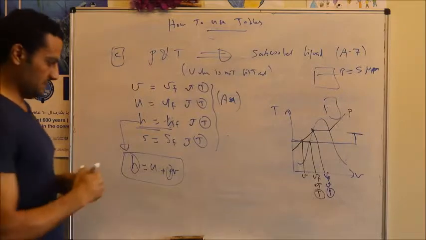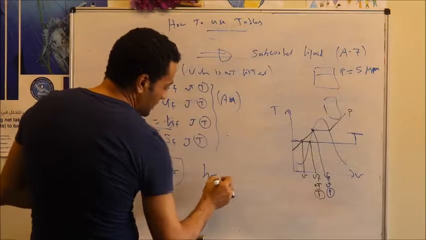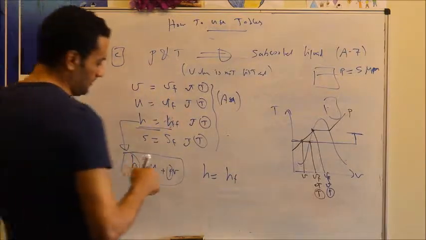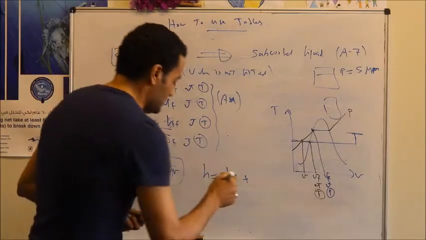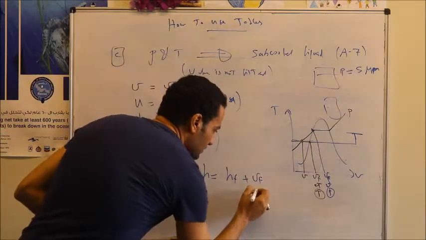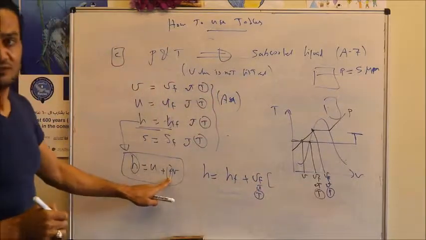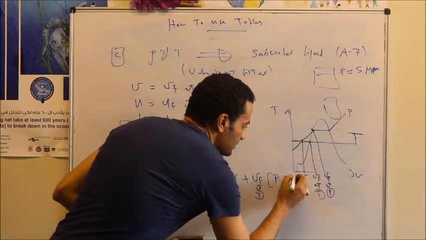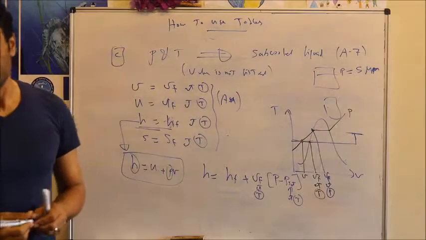So in this case, we can use this assumption. We can say enthalpy will equal h_f, the same as the previous assumption, to account for temperature, plus the specific volume v_f at the given temperature, multiplied by the difference of pressure, which is the given pressure minus P saturation at the given temperature.